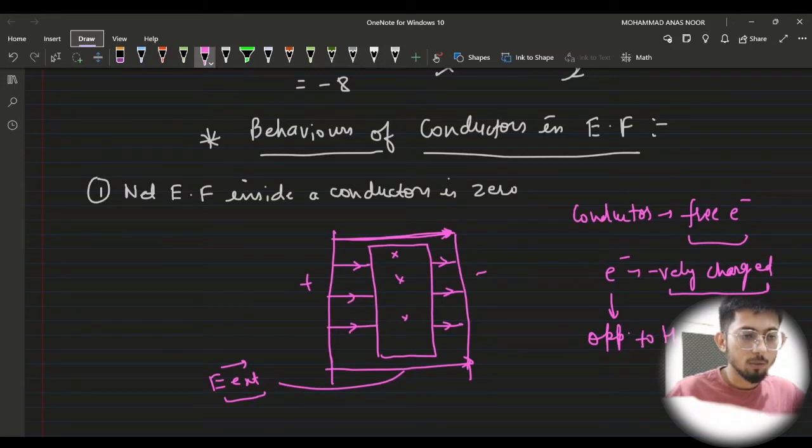They will move opposite to E external. So all of the electrons will move in this direction because the electric field is going here, and hence all of the positive charges will be at this end.